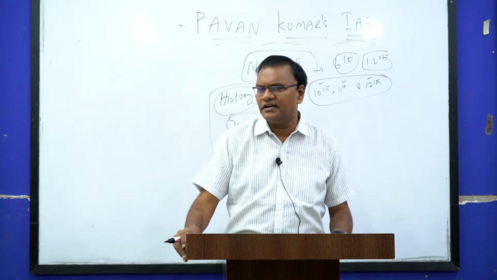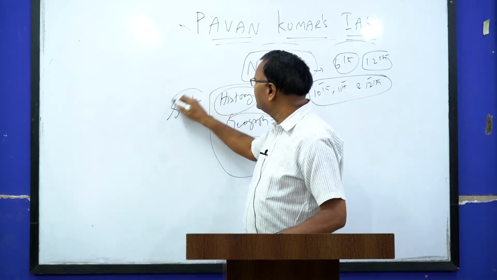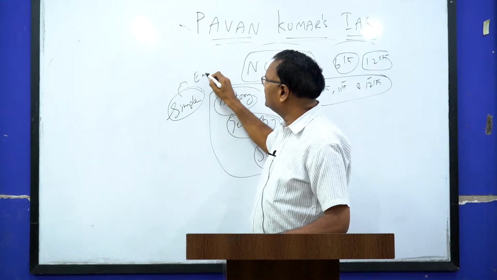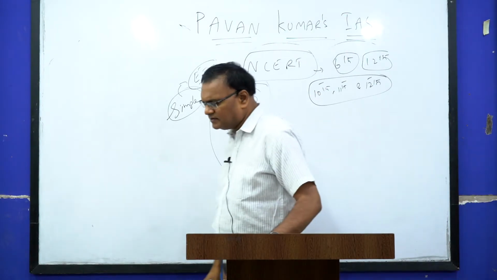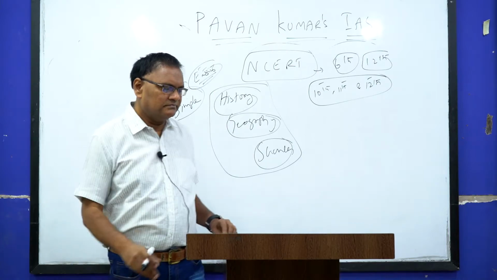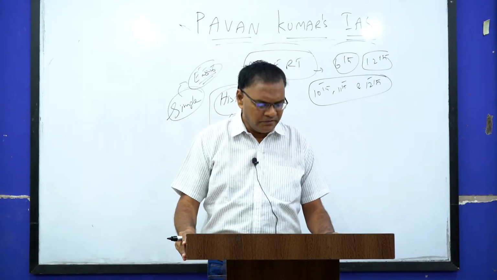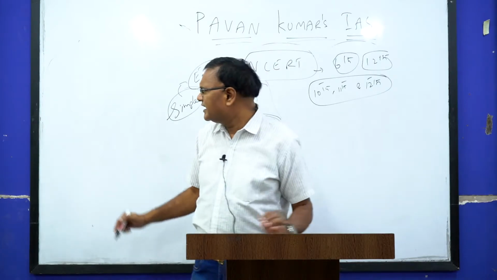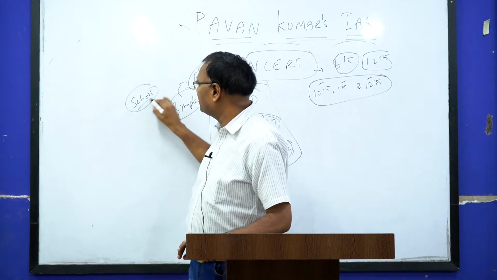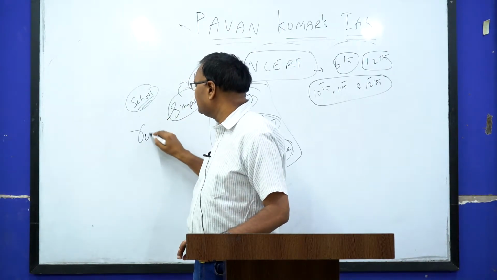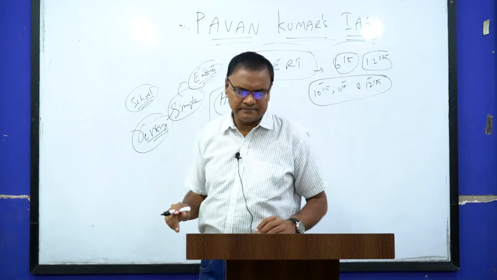Because these NCERTs are written in a very simple format, it becomes easier for you to understand all of them. You must have studied all these things as part of your school also. Basically, you are revising all of them.